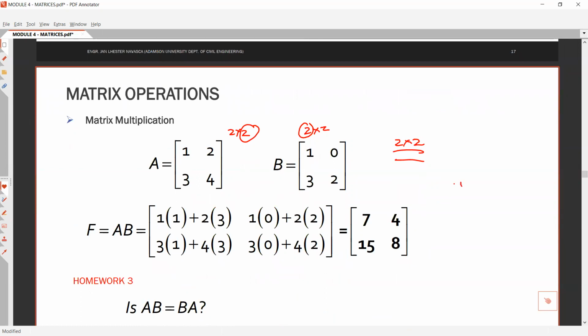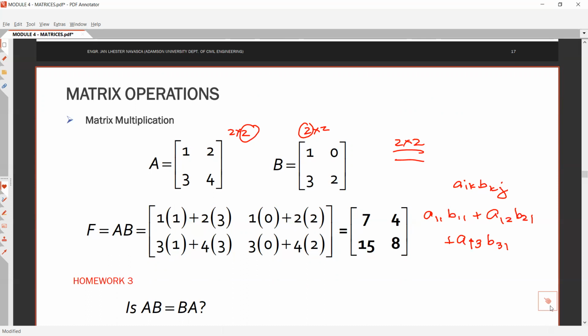So let's say A11 B11, plus we also have A12 B21 and A13 B31. So for I and J equal to 1.